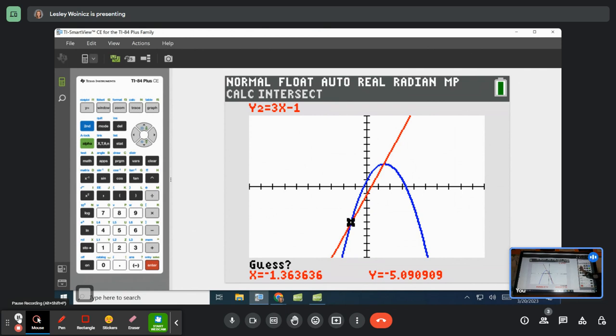Okay, now I want to arrow over to my second intersection and hit enter for the guess.